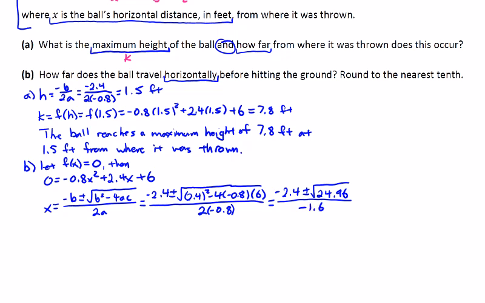Now at this point, nothing's been approximated. Everything is actually exact. But when I take the square root of 24.96, which is the next thing I want to do, I'm going to get a nice long decimal that I'm going to have to round, which means I'm now going to have an approximation.